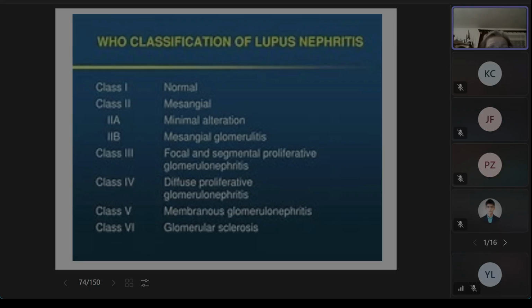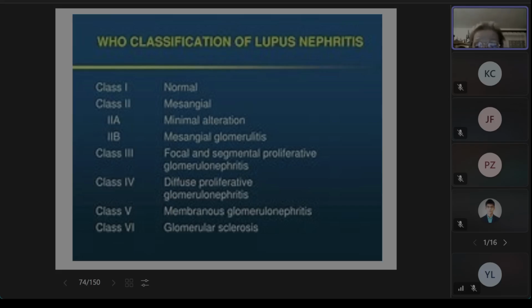And class 4 is diffuse proliferative glomerulonephritis. Class 5 is so-called membranous glomerulonephritis. And finally, class 6 is glomerular sclerosis. That means that it is the end of life of the glomeruli.